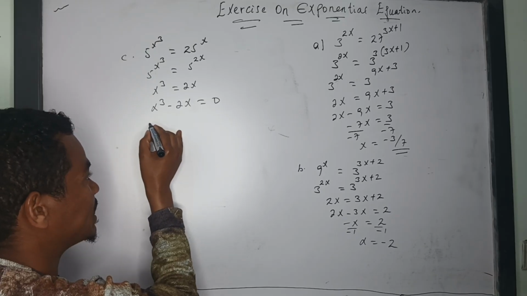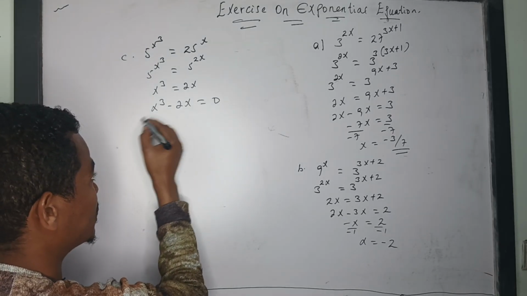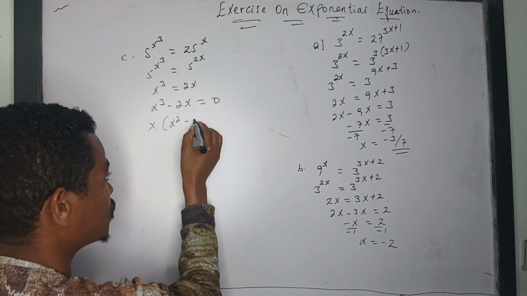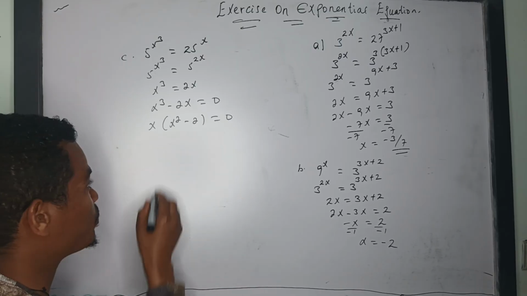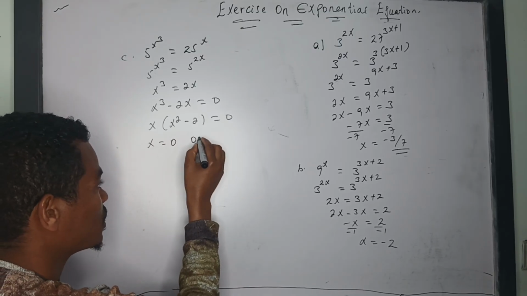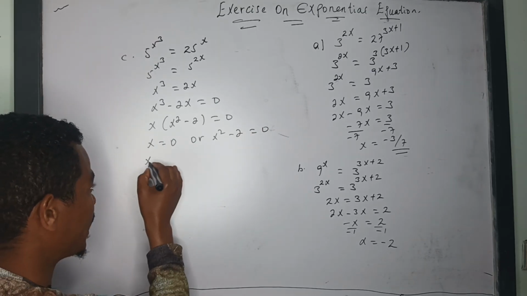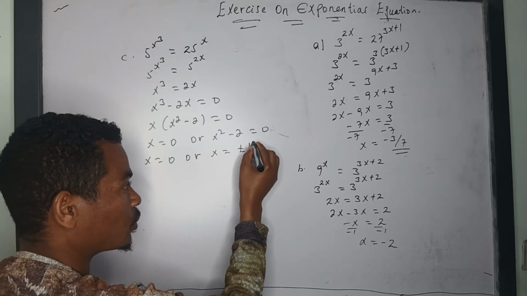The common factor is x, right? x times (x square minus 2) is equal to 0. This is zero when x is equal to 0 or x square minus 2 is equal to 0. That means x is equal to 0 or x is equal to plus or minus square root of 2.